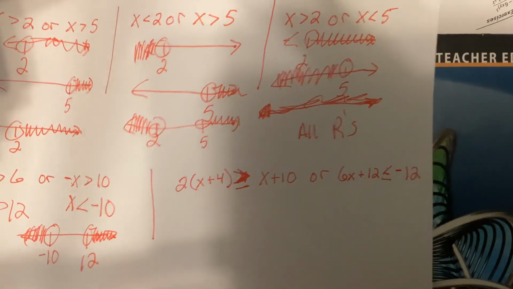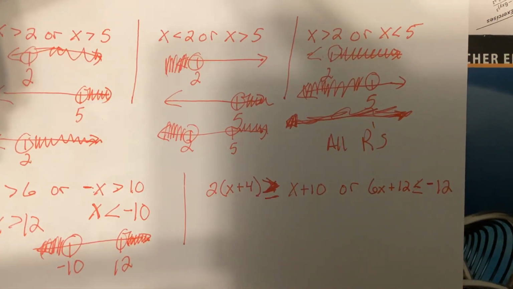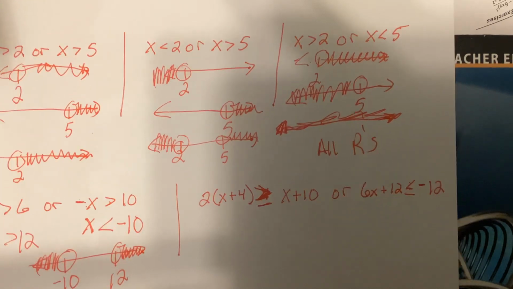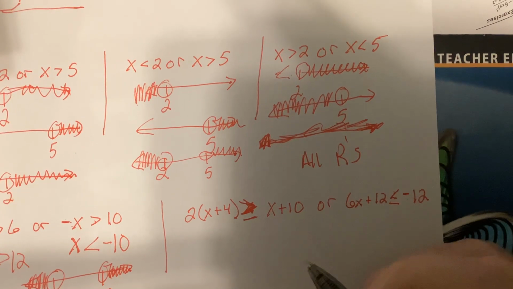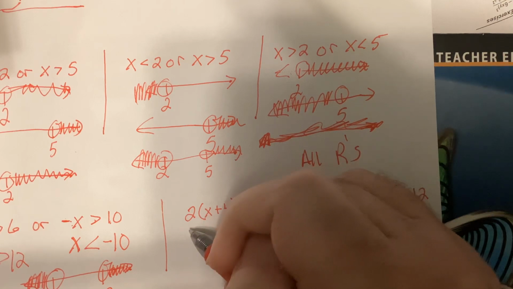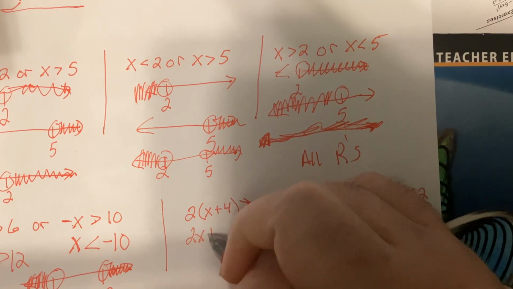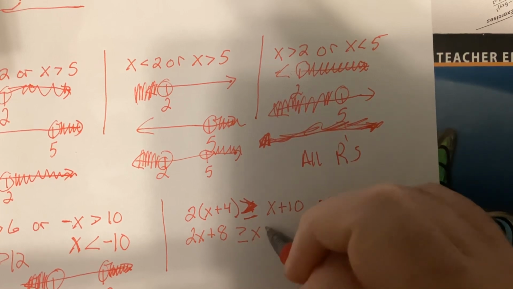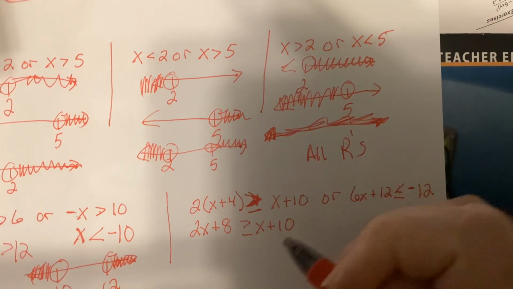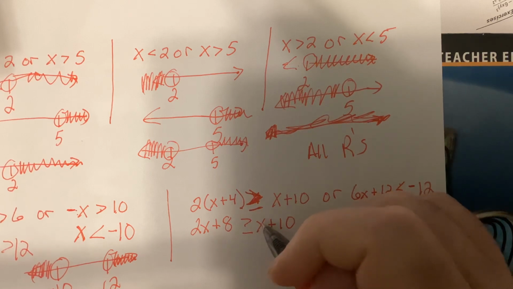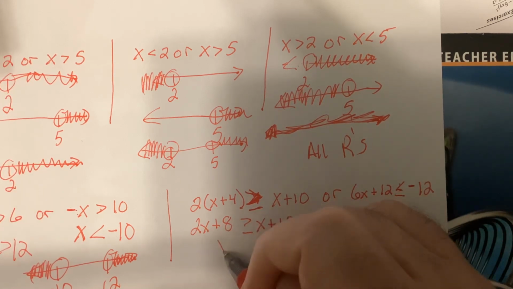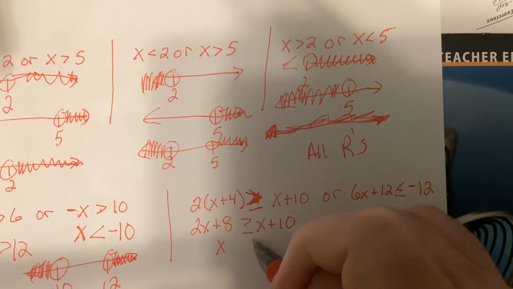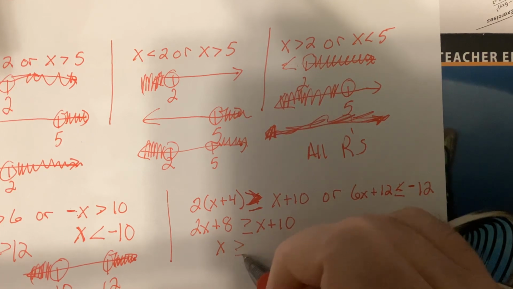So let's look at this one. Oops, my paper's stuck. There we go. I think that's got it. So here, distribute the 2. 2x plus 8 is greater than or equal to x plus 10. So to solve, I'm going to subtract x from both sides. I'm going to subtract 8.